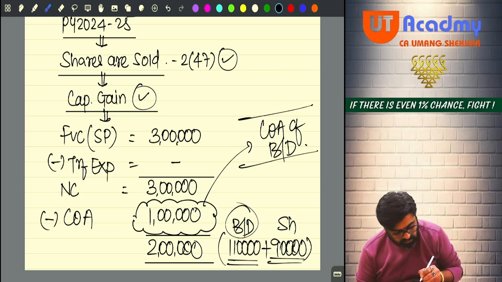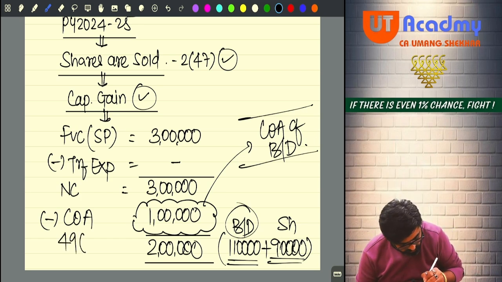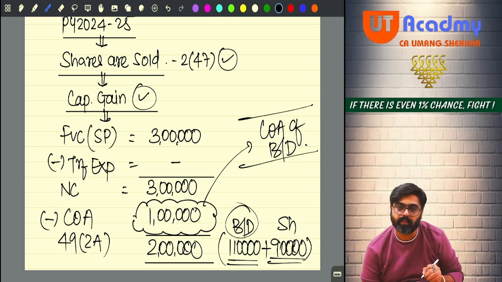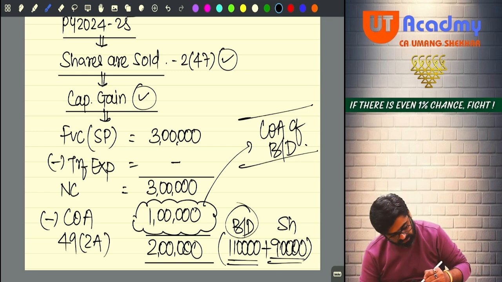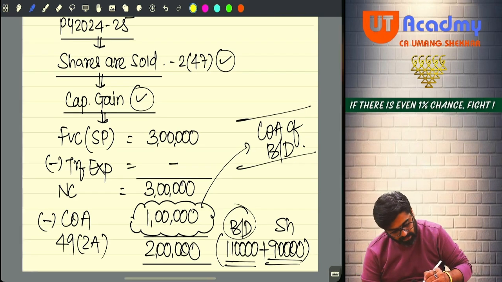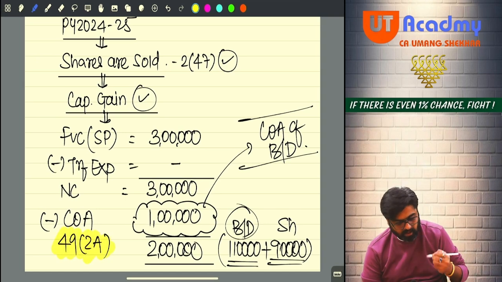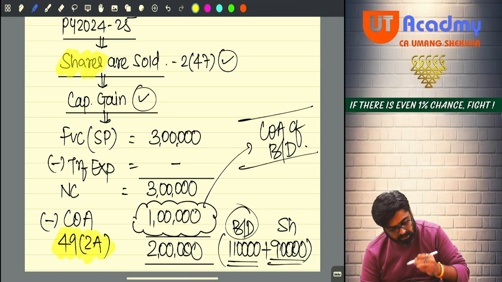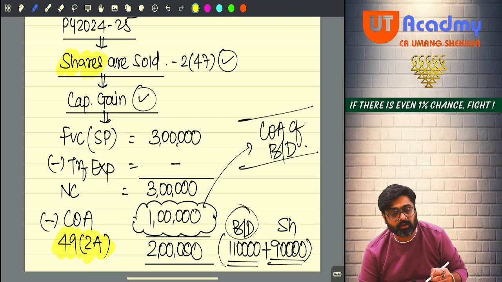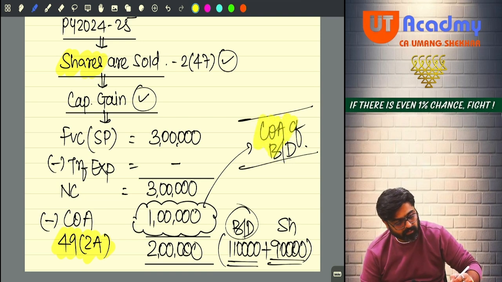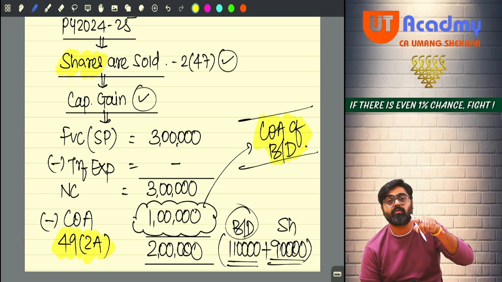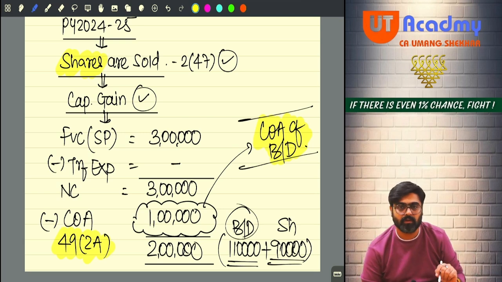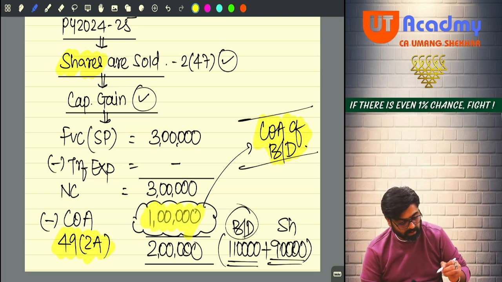Yes or no? So this is given under section 49(2A). As per 49(2A), the cost of these type of shares will always be the cost of bonds or debentures which got converted into these type of shares. And that was how much? 1 lakh.